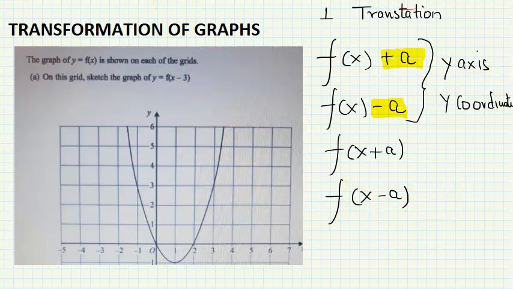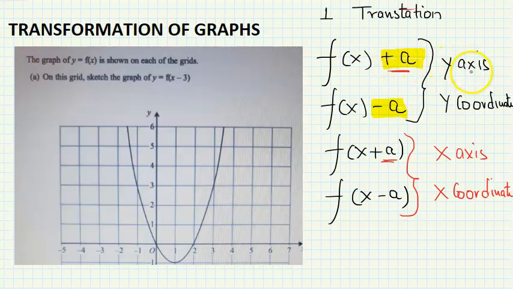And if the number is inside the bracket, they are going to affect the x-axis and the x coordinate. So always remember, if it is outside, it's the y-axis. If it is inside, it's the x-axis.